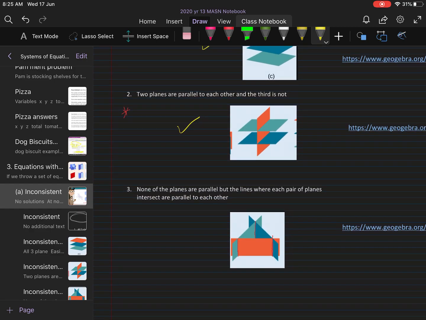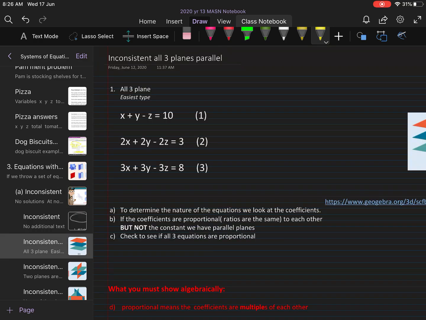Is it one where we get this strange thing happening where the planes themselves aren't parallel, but the lines where they intersect are parallel, which is a toughie? So we're going to take a look at the first situation: inconsistent where all three planes are parallel.